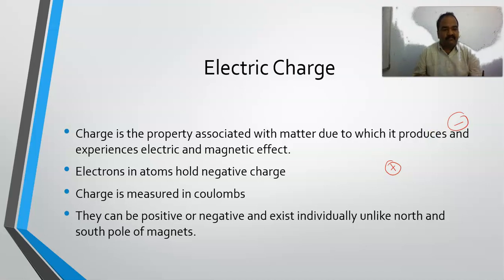If you take an atom, you will have positive charges and negative charges like this. You might have studied in chemistry that there is a nucleus, inside which you have positive charges, and around it you have electrons, right?